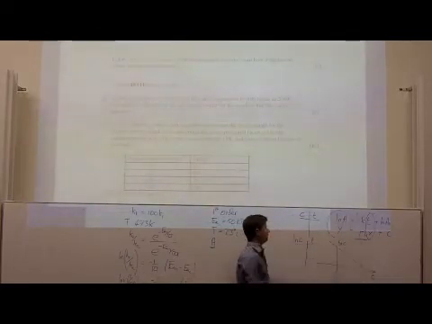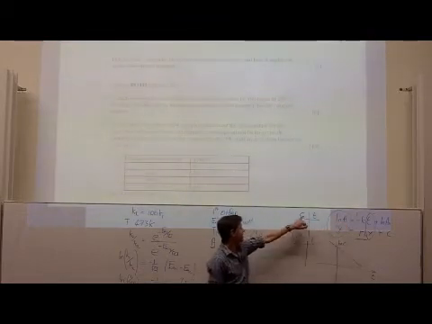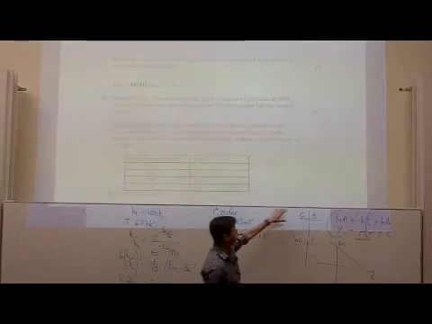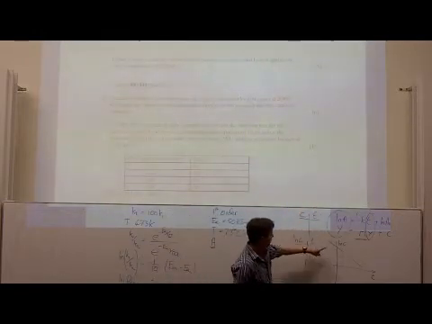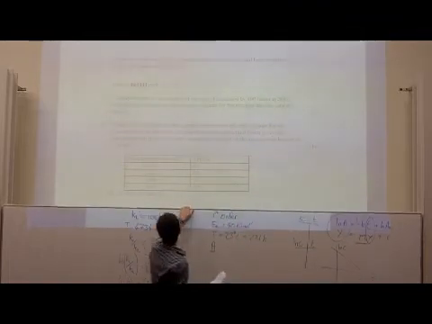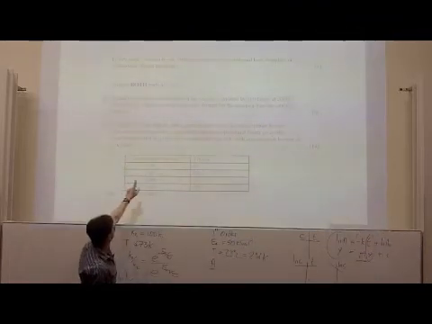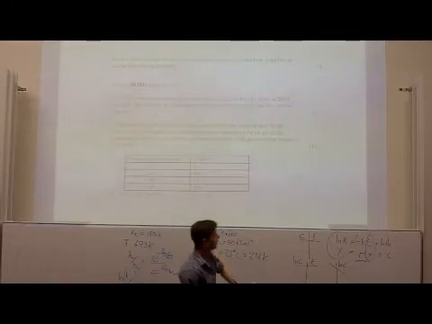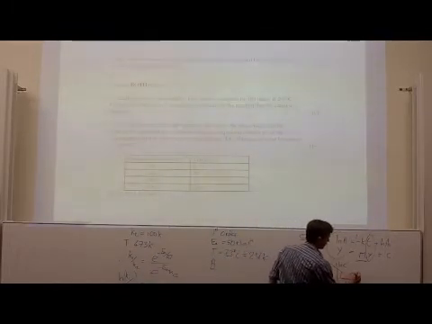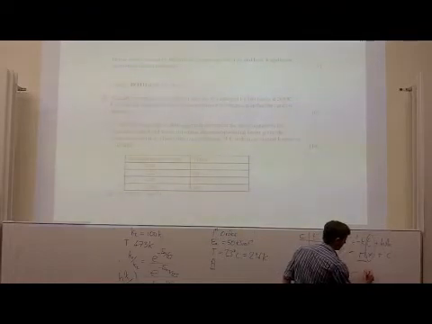Sorry, I've been using A and C interchangeably. What I really mean is concentration. And we can do that directly from this. We've got concentration, time, so we can plot that graph, and the slope is minus the rate constant.